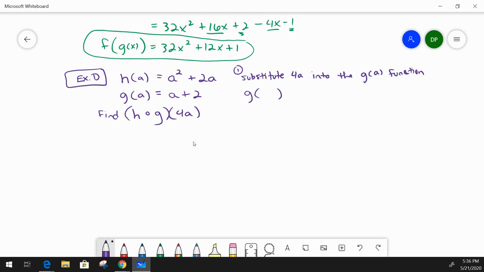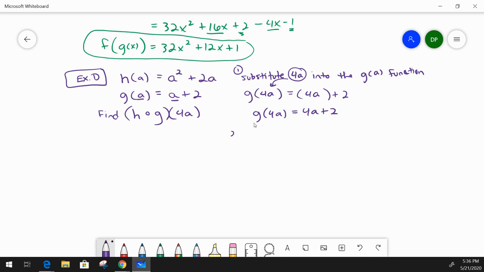So g of a is going to equal something plus 2. So g of a equals a plus 2. But instead of a, we're substituting 4a in its place. So g of 4a then equals 4a plus 2.